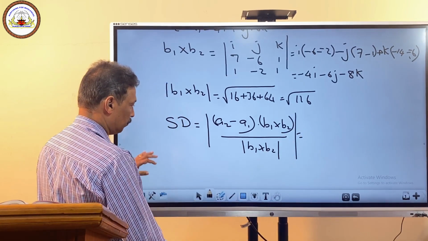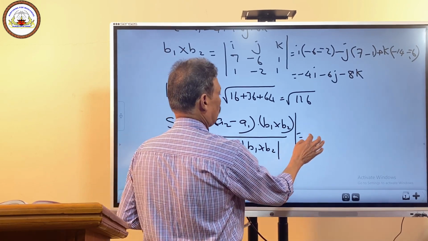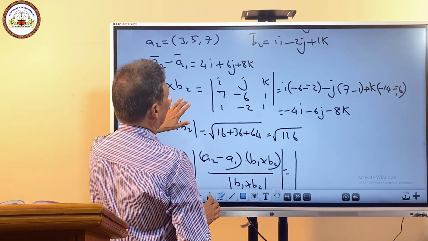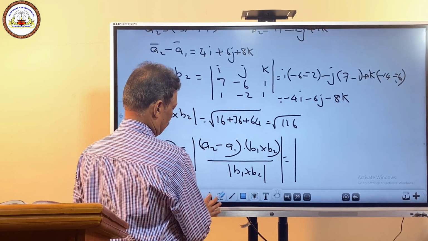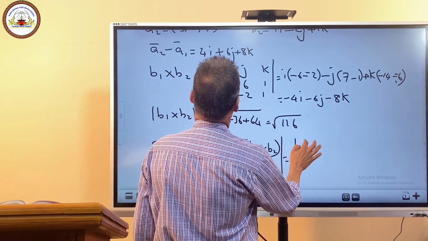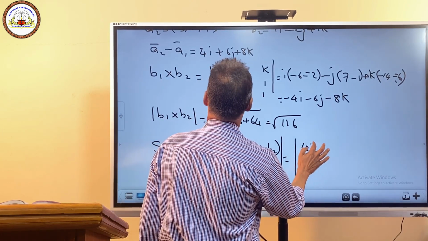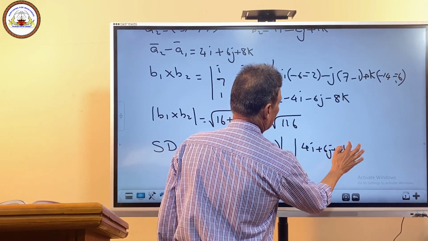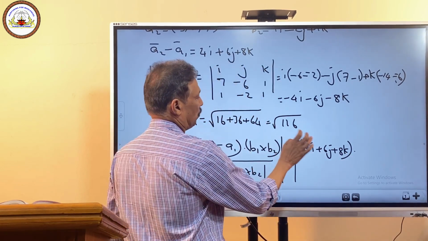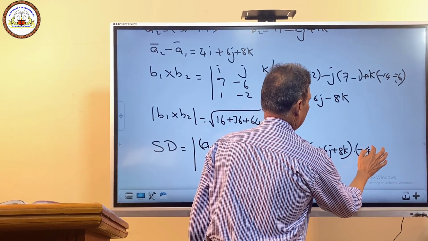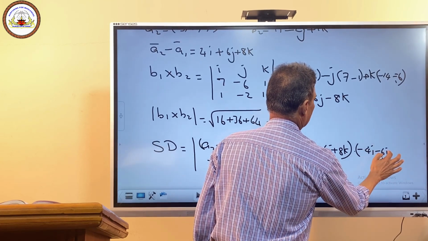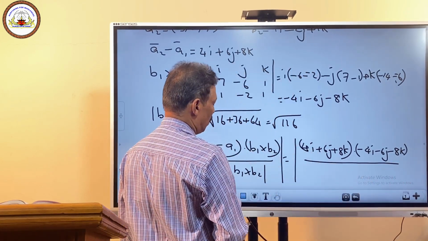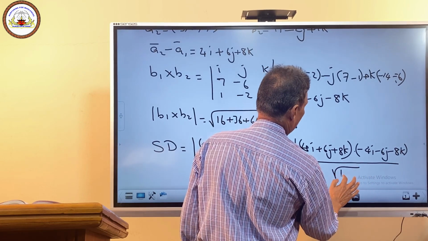That is equal to the modulus of A2 minus A1, which is 4i plus 6j plus 8k, dot B1 cross B2, which is minus 4i minus 6j minus 20k, all divided by the modulus of B1 cross B2.